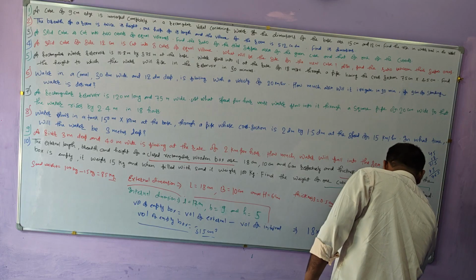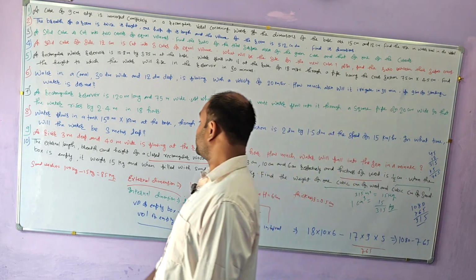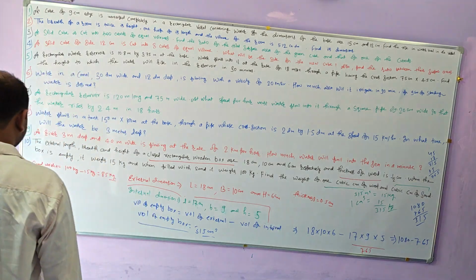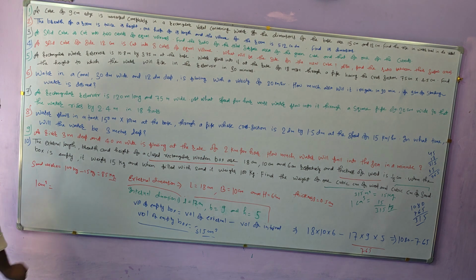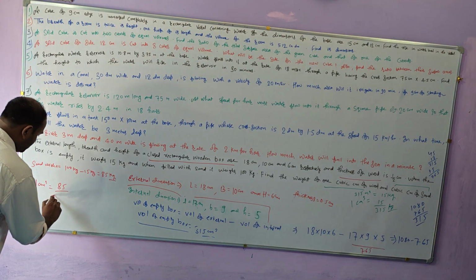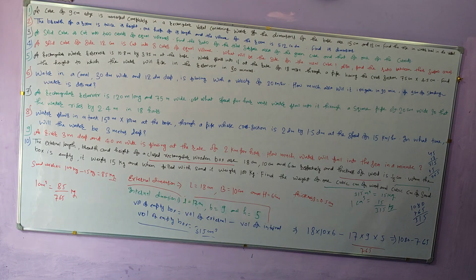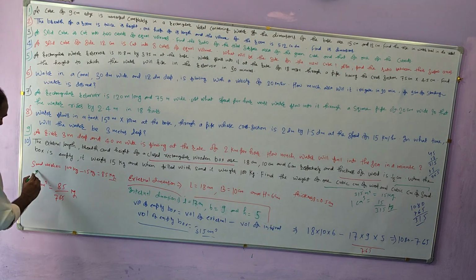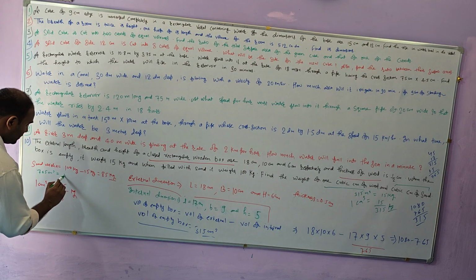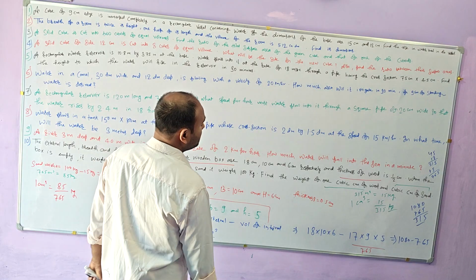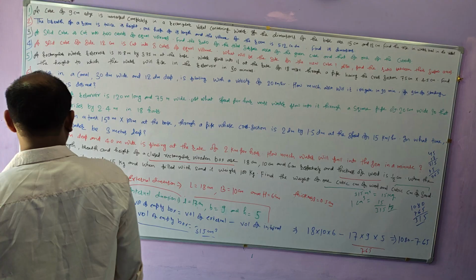So 765 centimeter cube is equal to 85 kg, and 1 centimeter cube is 85 upon 765 kg. And that's it.